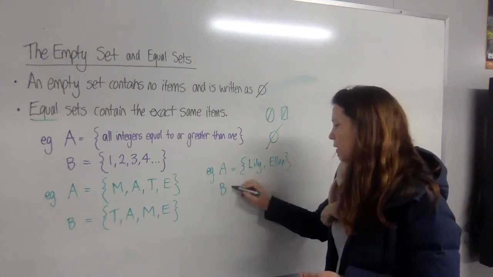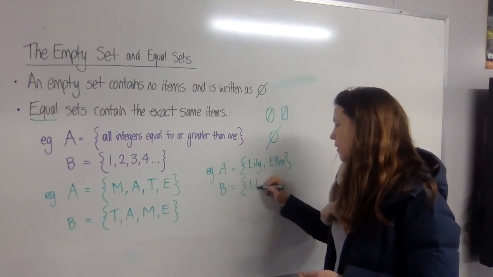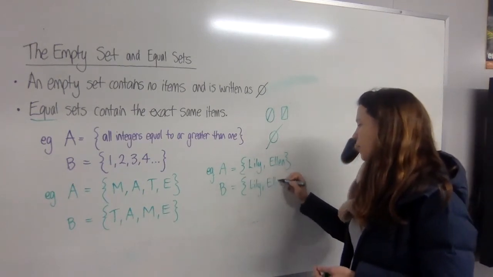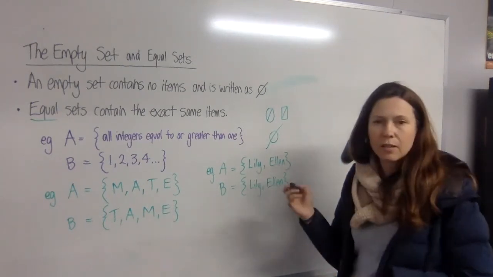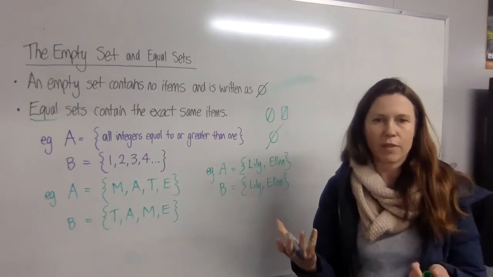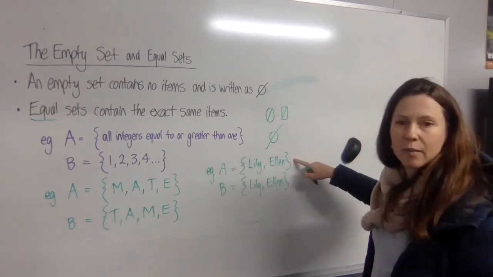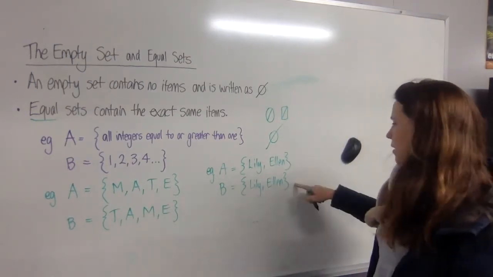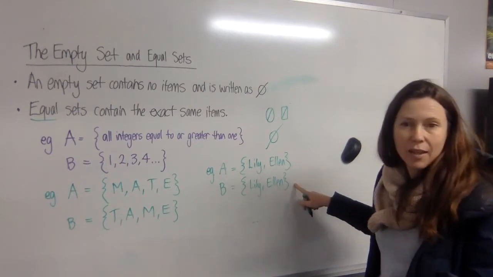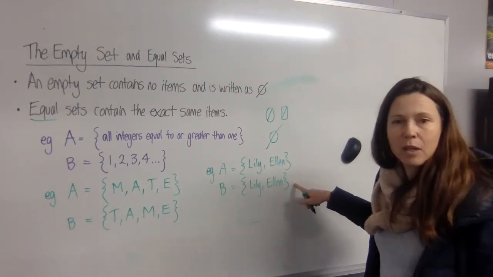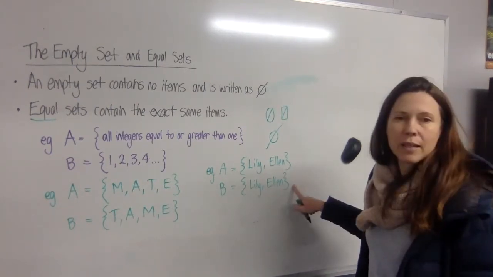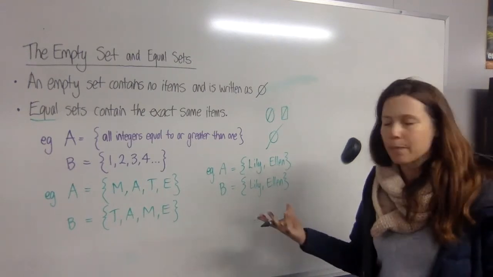And in this set we have also Lily and Ellen. Now, why do we have Lily and Ellen both in the same set? Well, perhaps we've asked some survey question for question A and both those girls put their hand up, and then we asked a different question for B, and again, it just happened to be that both those girls put their hand up. Well, if there's the same people in both sets, then we could say that they are equal sets.